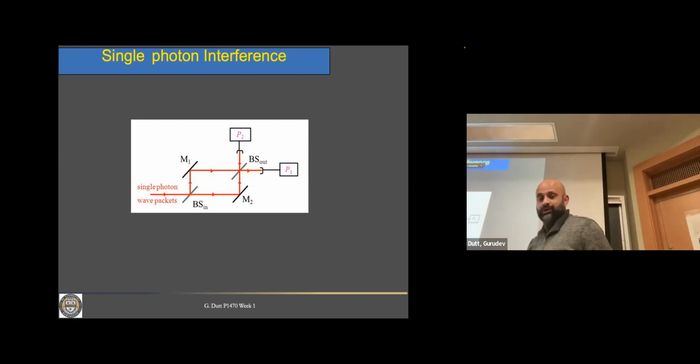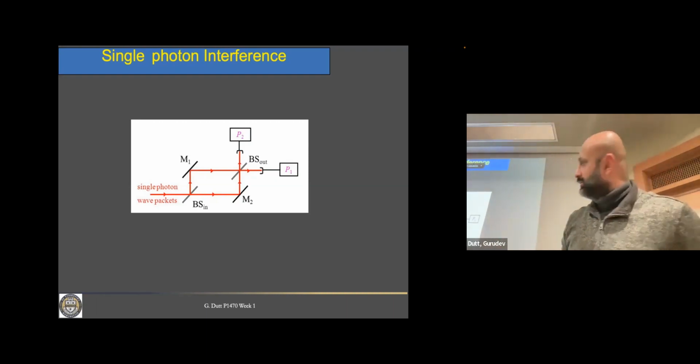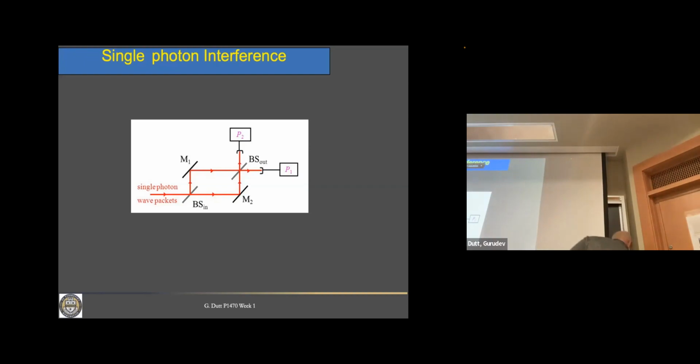Maybe I should have brought a pen, but I'll just sketch it. I have a variable phi, which is the phase of the interferometer, and I observe the counts, the intensity, in detector 1 or 2.